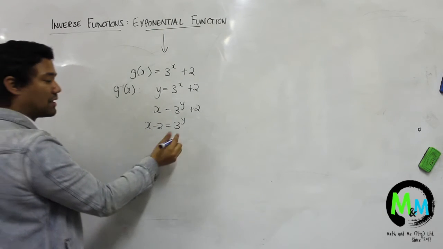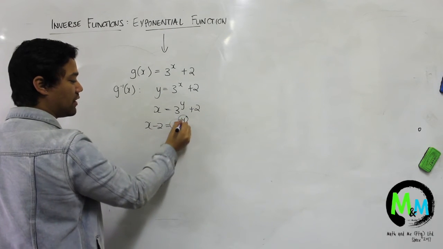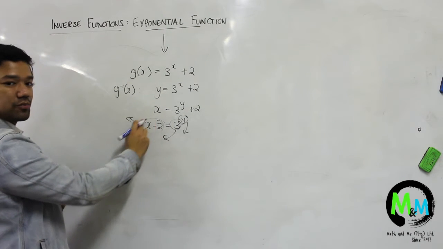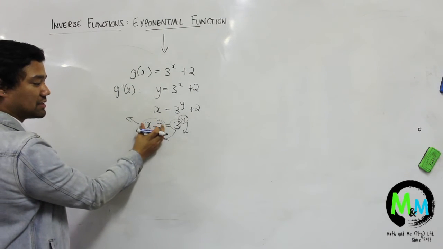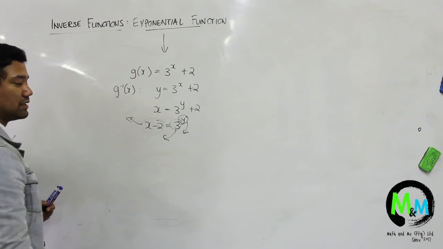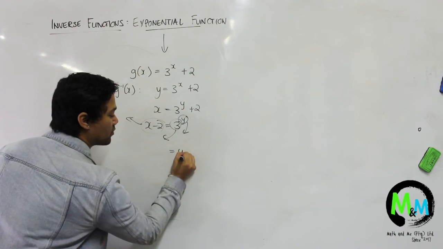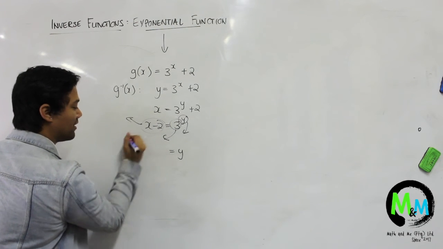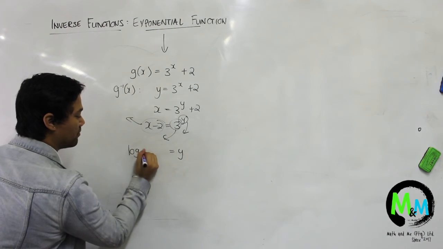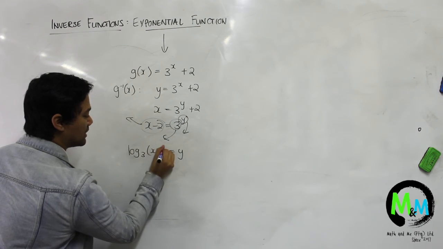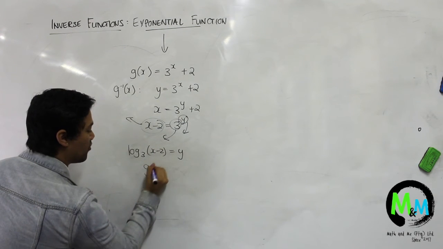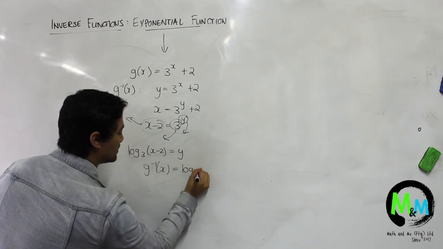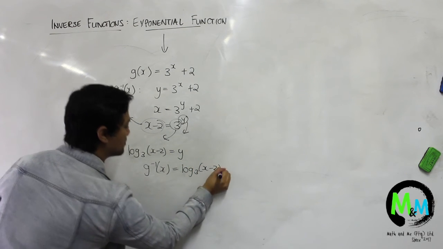I want my y to come down positive, so it's a flow. Remember though, very important, you see how I grouped that x minus 2 together, because this is one unit when it turns into a log. So that y will come down, that'll be log base 3 of (x minus 2). So therefore my inverse is log base 3 of (x minus 2).